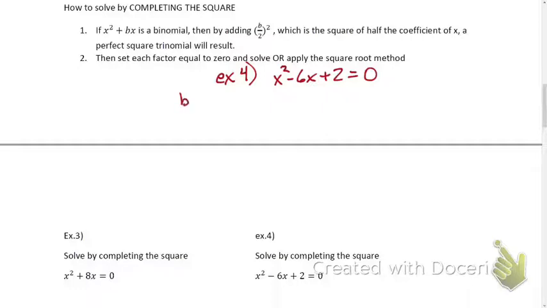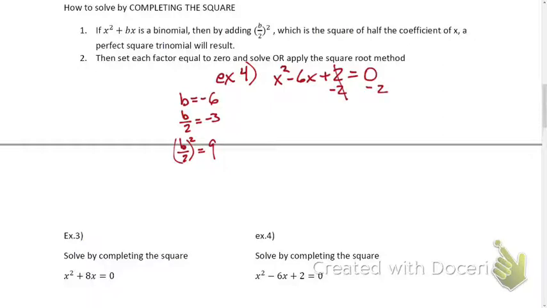So b is negative 6. b over 2 is negative 3. So b over 2 squared is 9. So I need a 9 on both sides of the equal sign. And what I want to do first is I want that 2 out of the way. So I like to move that 2 over here because I want that to be a 9.